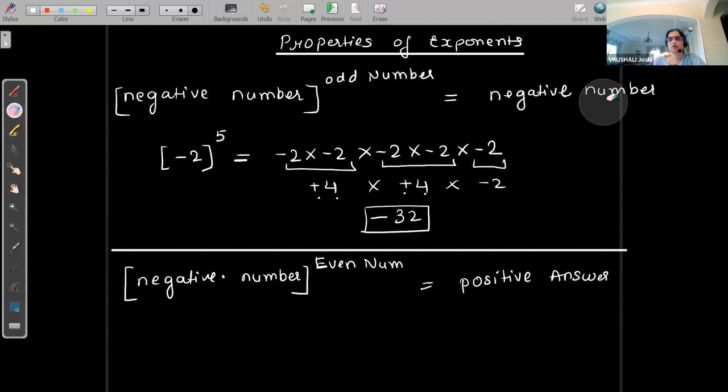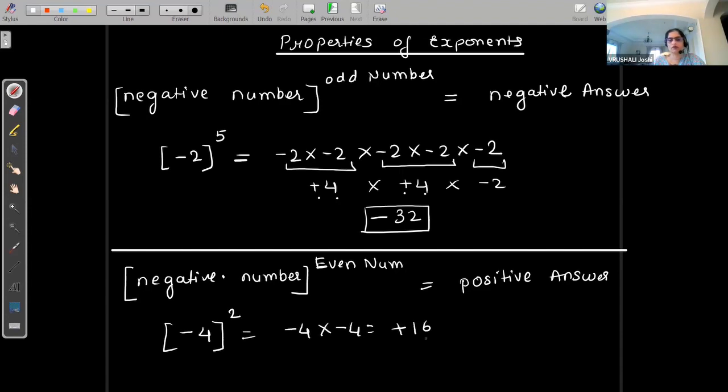For example, if you have -4 and we raise it to an even number, say 2, then -4 into -4, minus into minus is plus, you get 16. Are you guys getting it? Trisha, do you get it? Yes, ma'am. How many of you understand what we're doing? Correct?